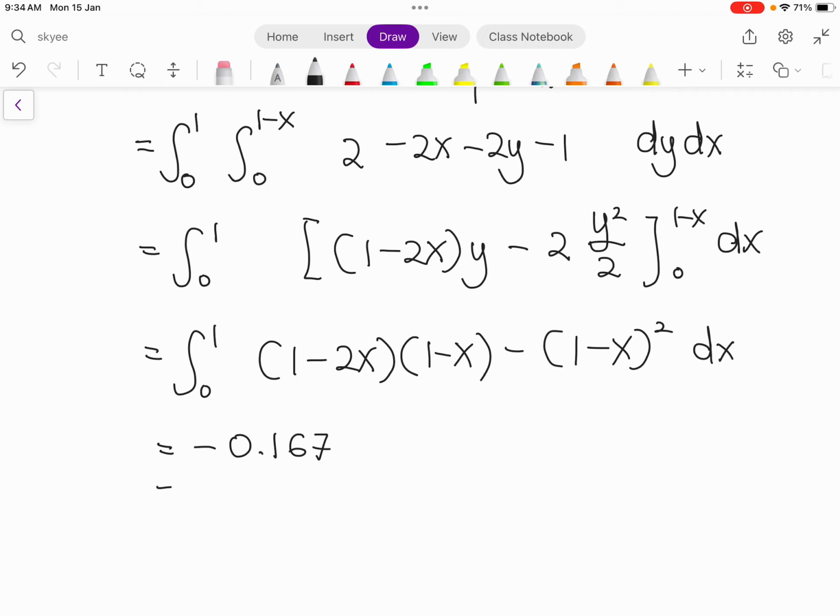So I will leave my answer in this form. If you could tell me where my mistake is, let me know. So this is question 4D. Thank you, class.